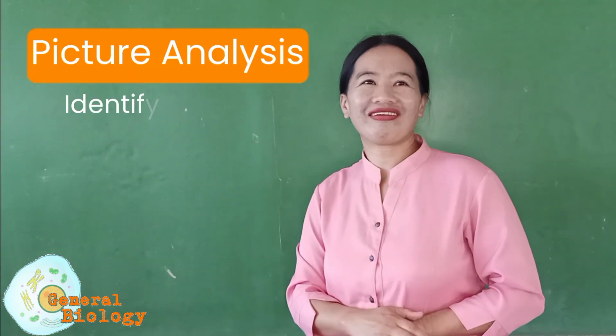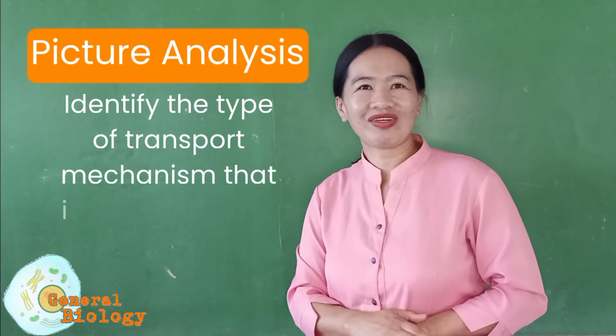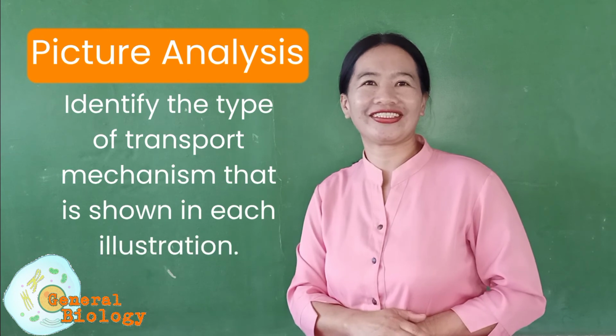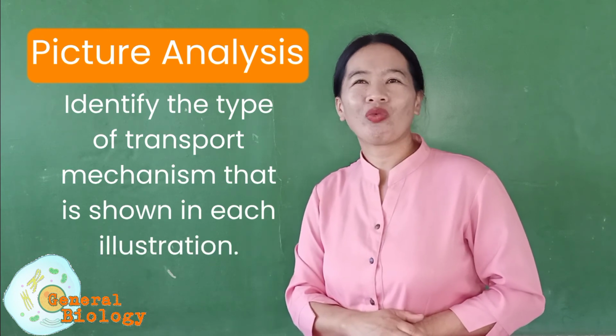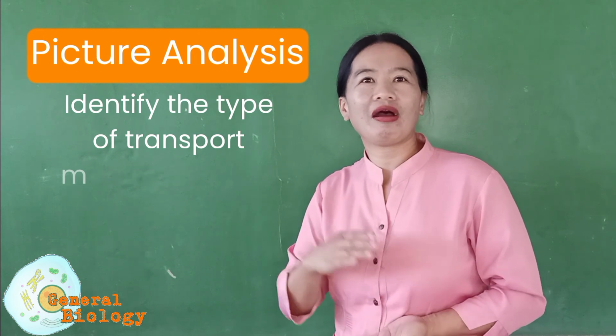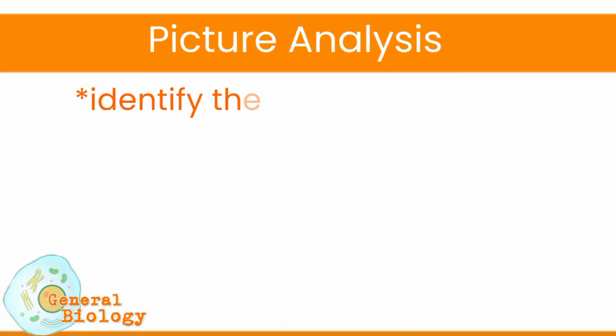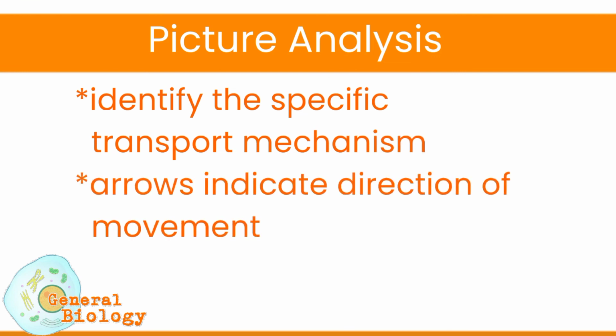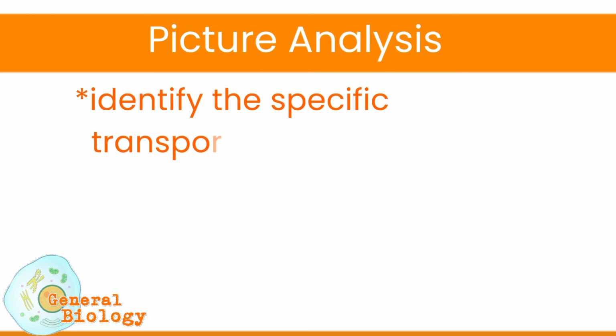Let's cement what we have learned. Let's label the following illustrations. Identify what type of transport is shown in each of the following pictures. Remember that the arrows in the illustrations show the direction of transport.